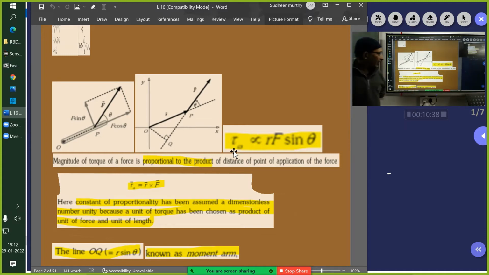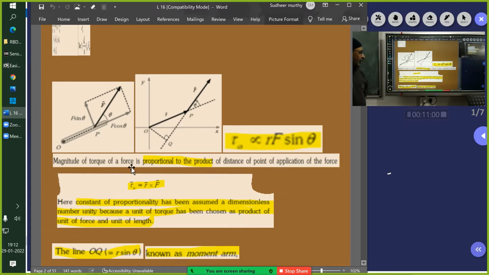The twisting is because of the component F sin theta. So frankly speaking, the torque effect, that means the tendency of the force to rotate the body, is proportional to R F sin theta.